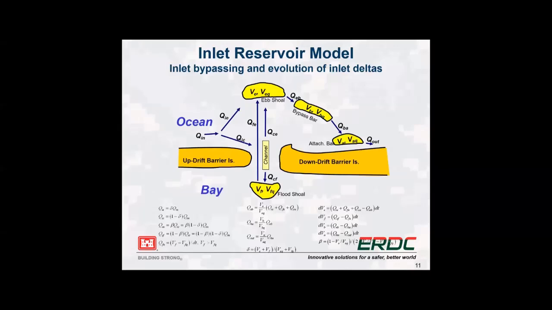The inlet reservoir model is pretty straightforward. You provide the model with equilibrium volumes for each feature. Well, there's no equilibrium volume for the channel, but for the flood shoal, the ebb shoal, the bypass bar, and the attachment bar, you give the model an equilibrium volume, and you give it a starting volume.